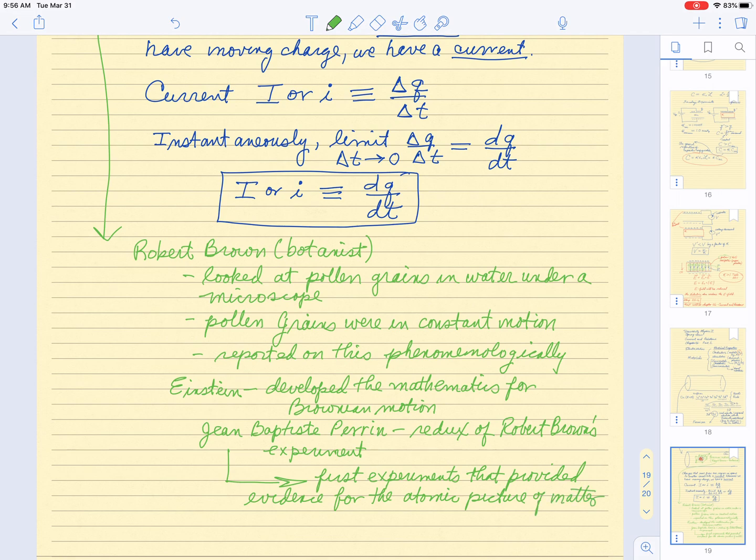And for his accomplishments, he actually won the Nobel Prize in physics in 1926.